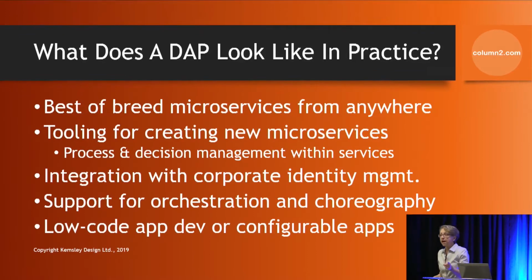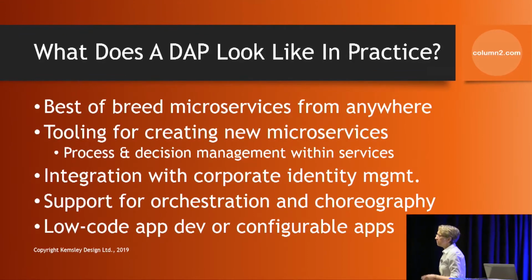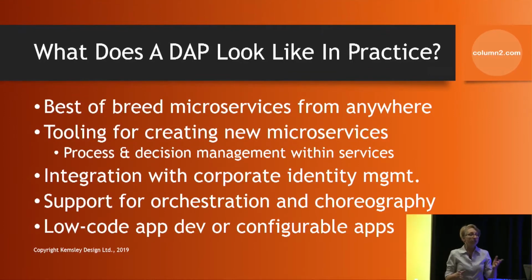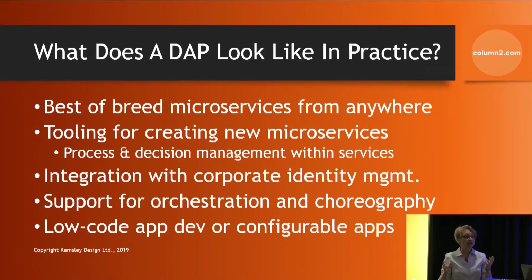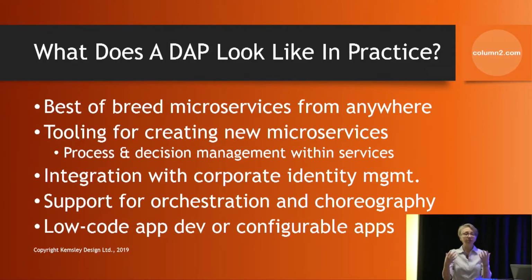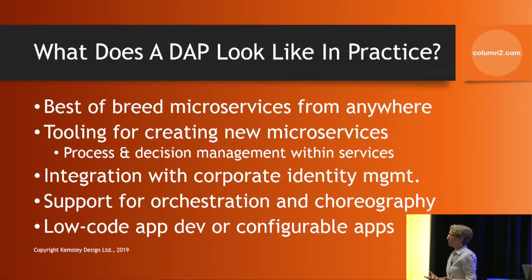Now, the second thing you want to have is tooling for building microservices in-house. And this is where the process management and decision management and these other kinds of capabilities come in. So process management itself is not a microservice. You might have it split out so it could be included in a microservice, for example.